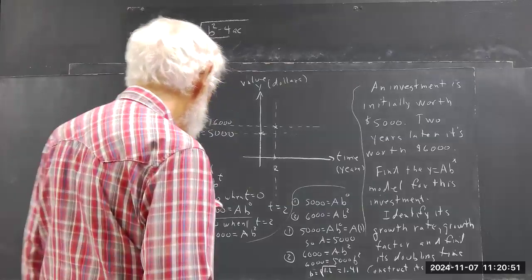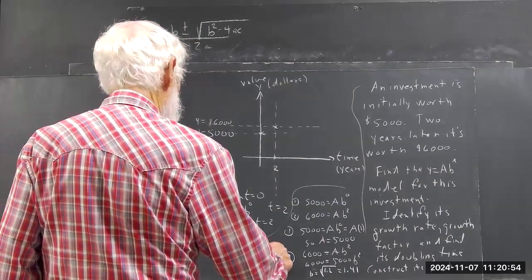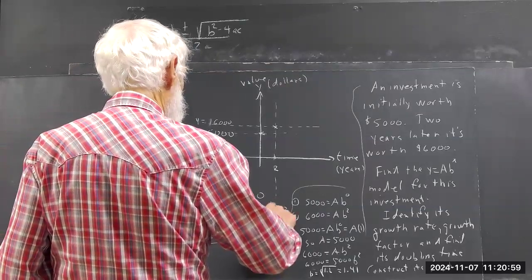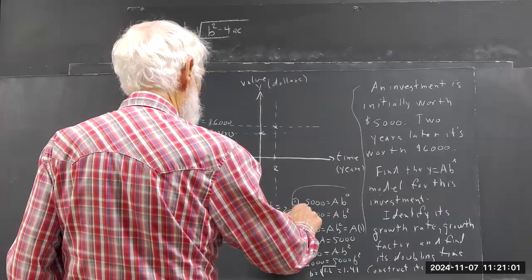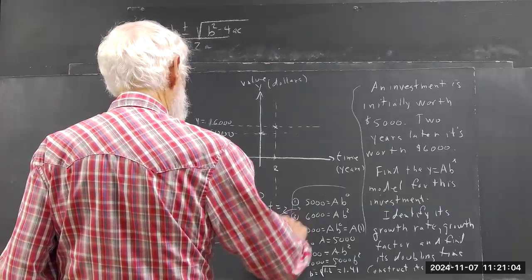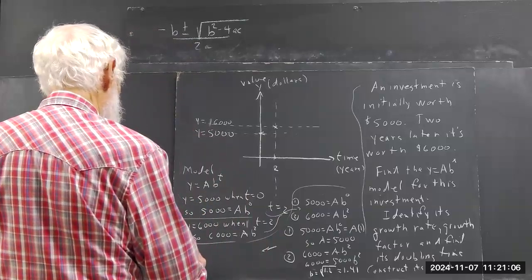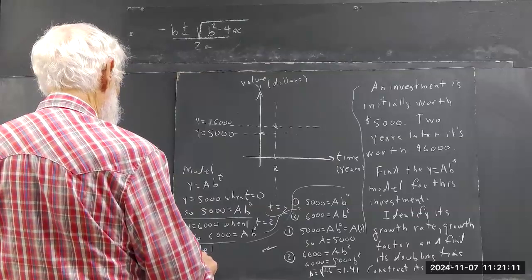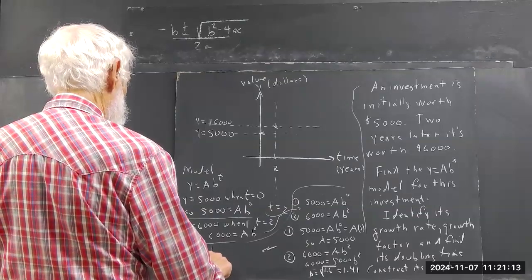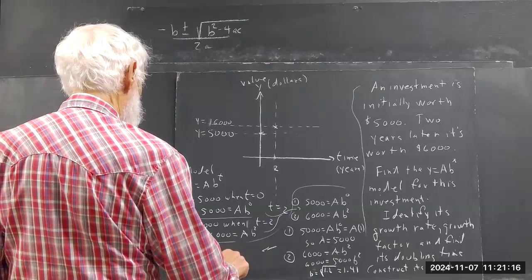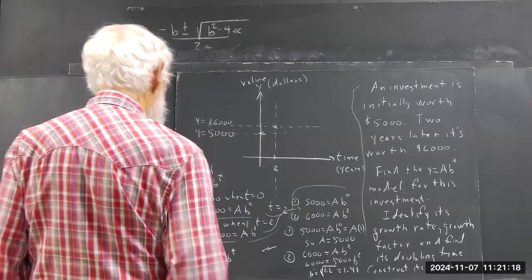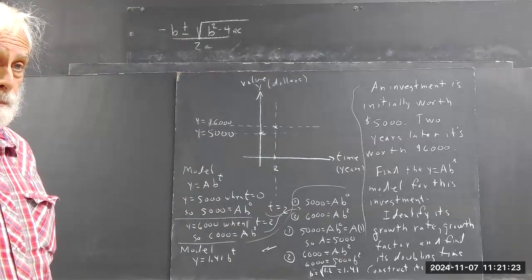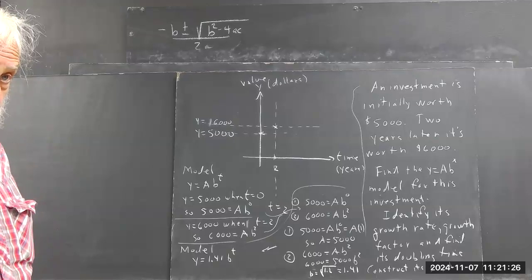Okay, so what's our model? So from all this, we go over here. Y equals 5,000 times 1.41 to the T. Okay.